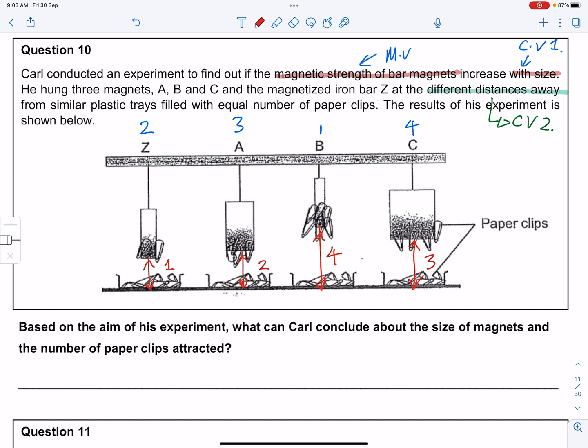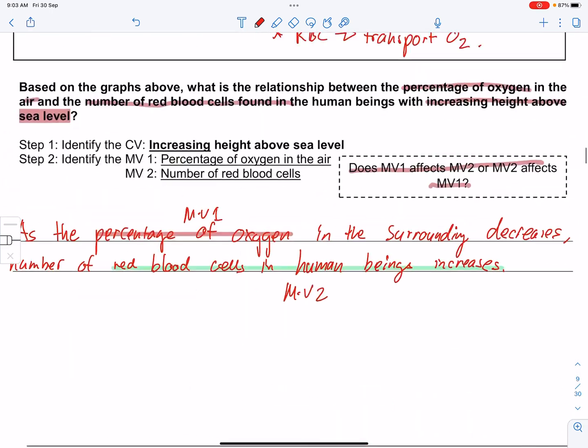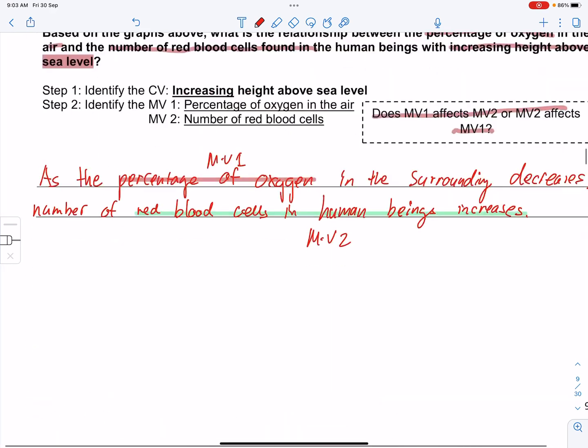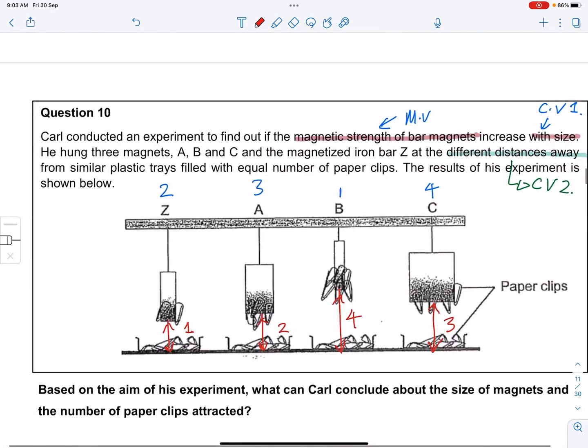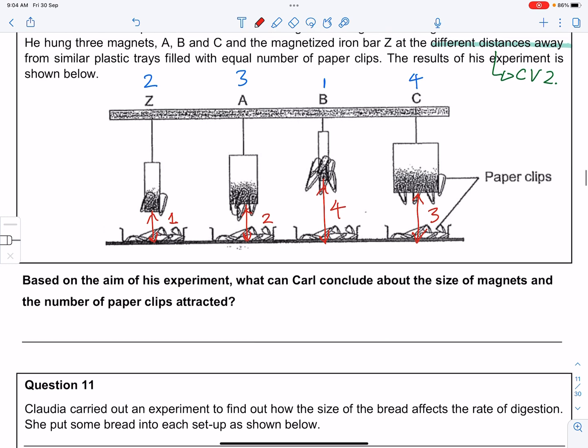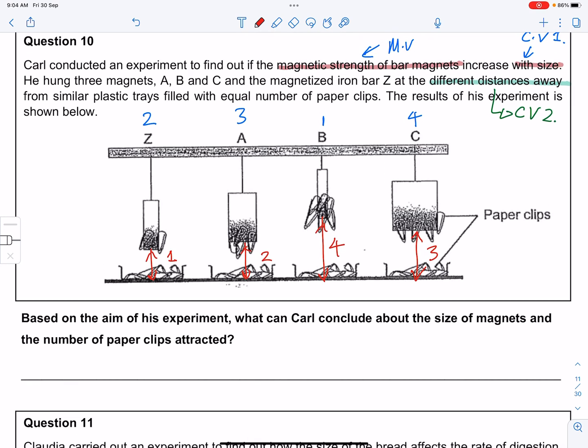So now you need to put the two trends together. Actually, this is a little bit like this other question that we have attempted. There is one measured variable, but then there are two change variables.